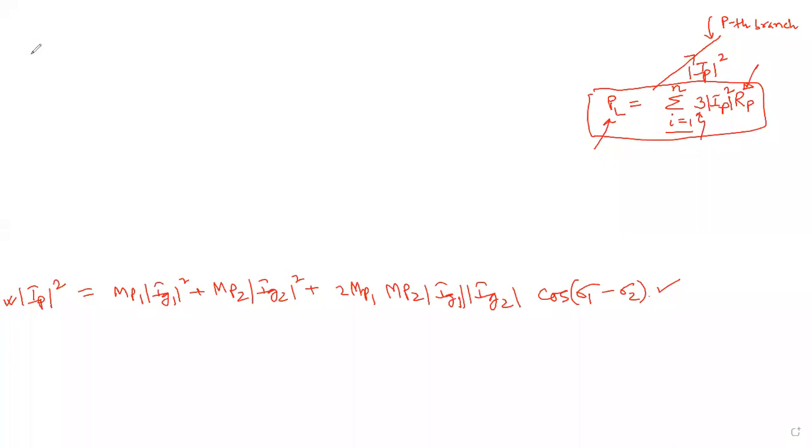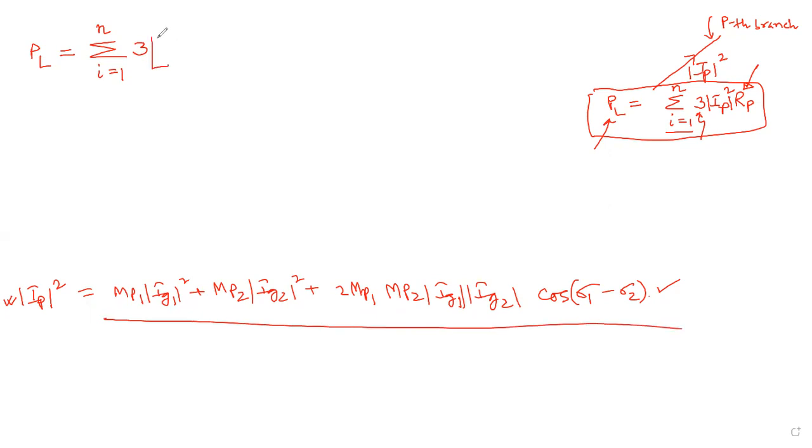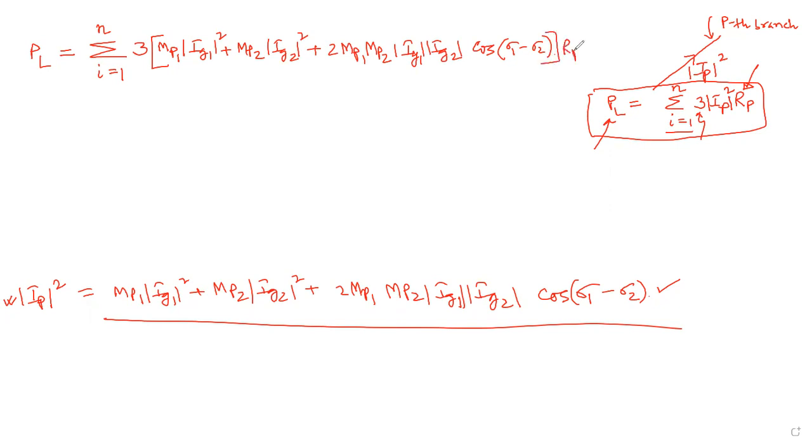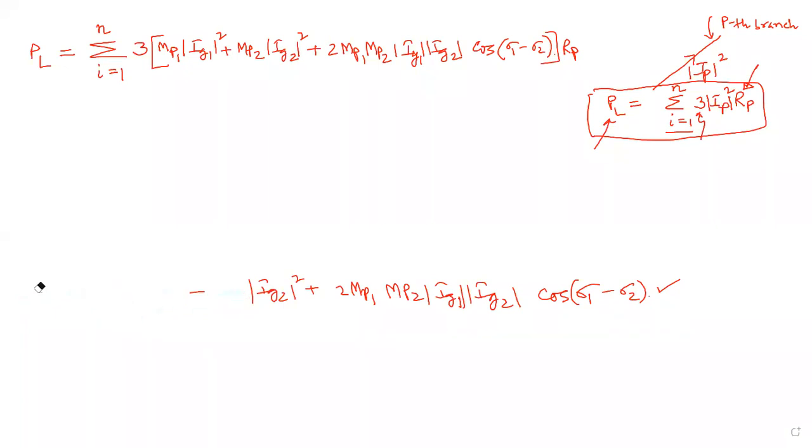Now PL is simply the summation, i equals 1 up to the number of branches, let's say n again, of 3 times the whole expression: inside the bracket, m_p1 I_g1 squared plus m_p2 I_g2 squared plus 2 m_p1 m_p2 I_g1 I_g2 cosine of (sigma 1 minus sigma 2), the whole thing multiplied by R_p. So that is the expression of PL.